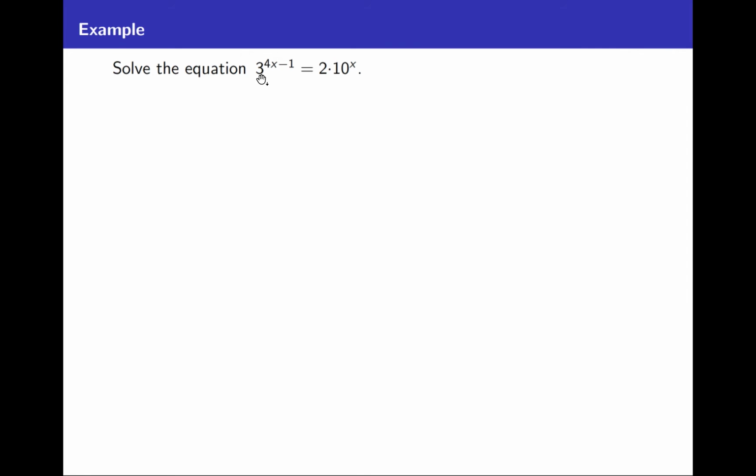So what we could do to solve this equation is take ln of both sides. These two quantities are equal, so their ln's are going to be equal. And when we do so, using that property of ln, the 4x minus 1 will come down in front.